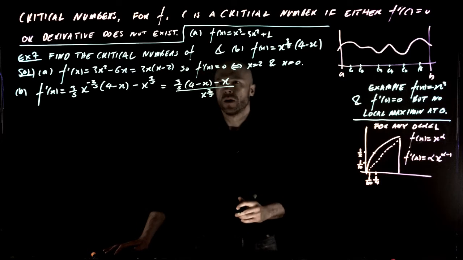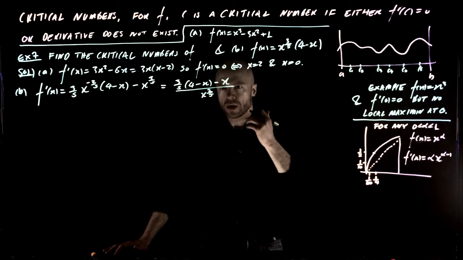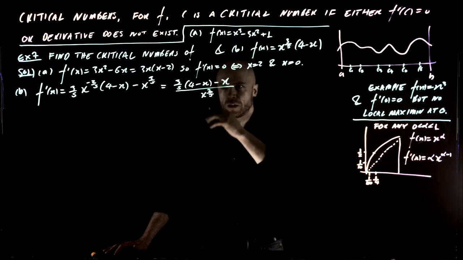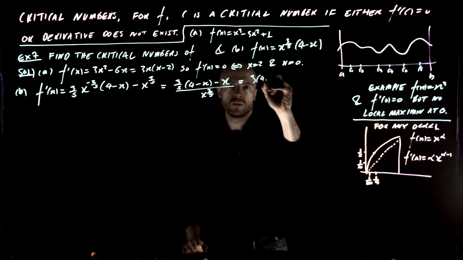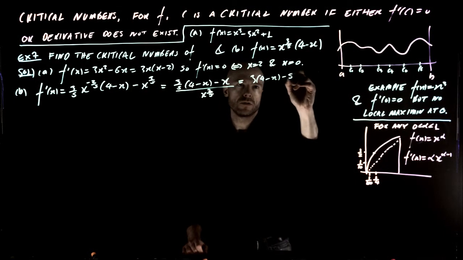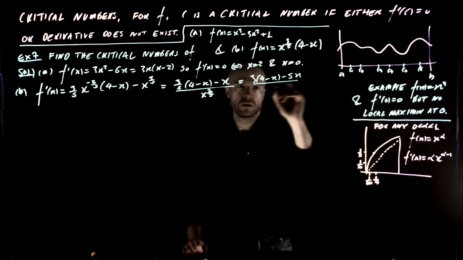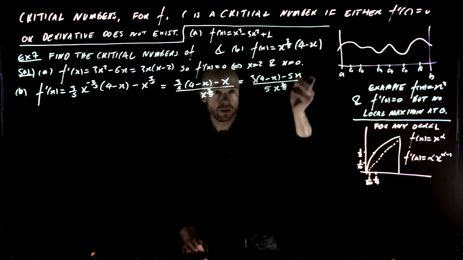Okay, and I want to make that even a little bit neater, so I'm going to multiply top and bottom by 5. 3 times 4 minus x, minus 5x, over 5x to the 2 over 5. Like this, and then let's see what we get.